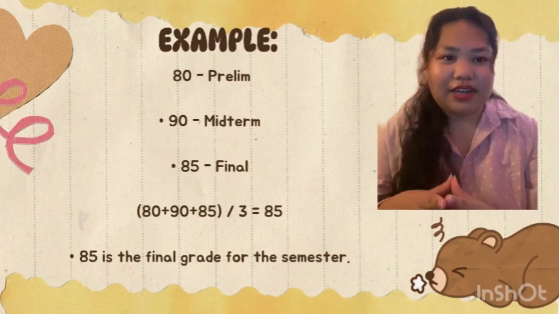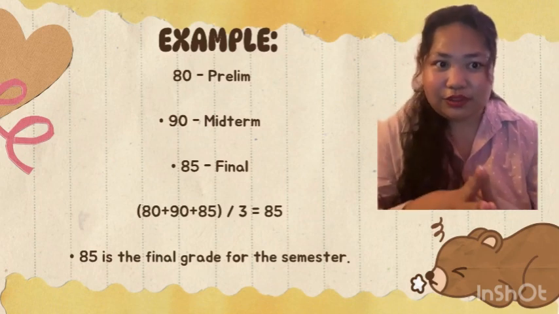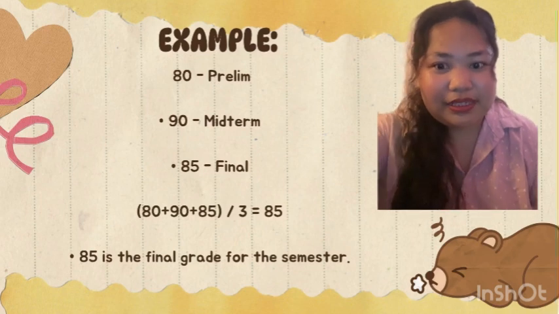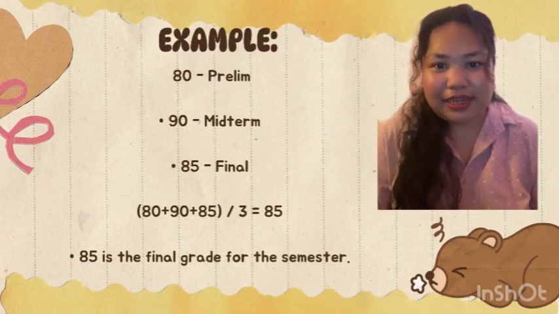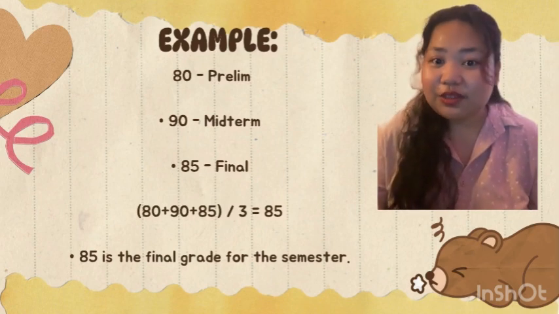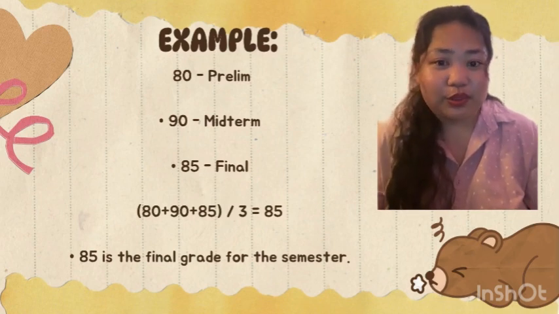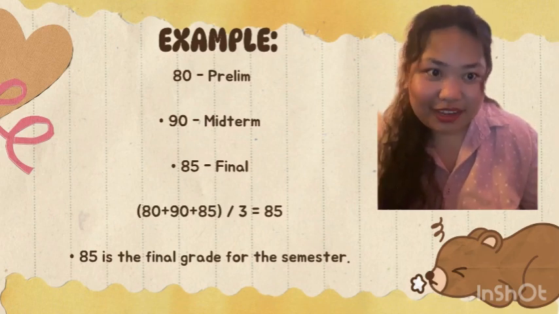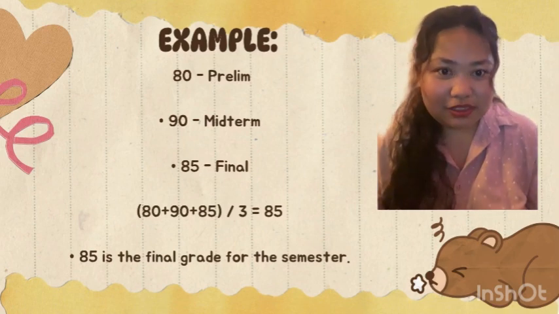So 80 plus 90 plus 85 equals 255, and divided by 3 will equal 85. So the final grade is 85 for the whole semester.